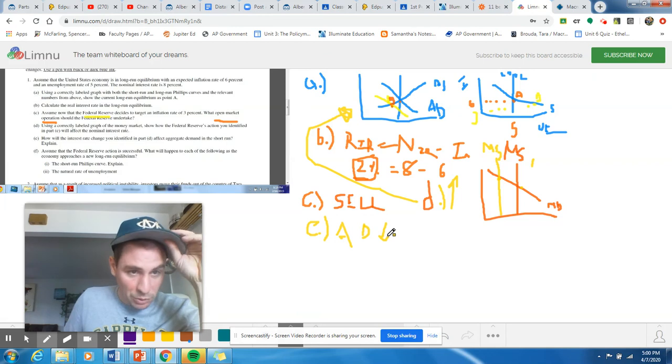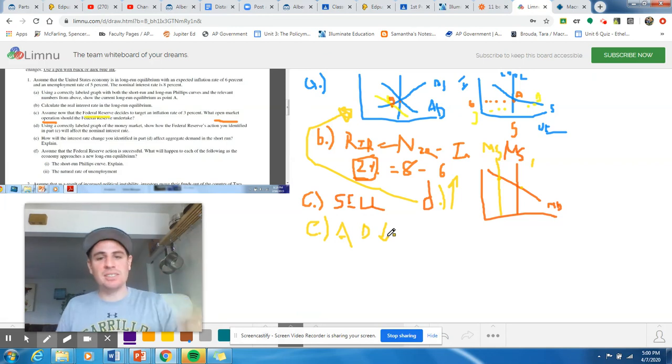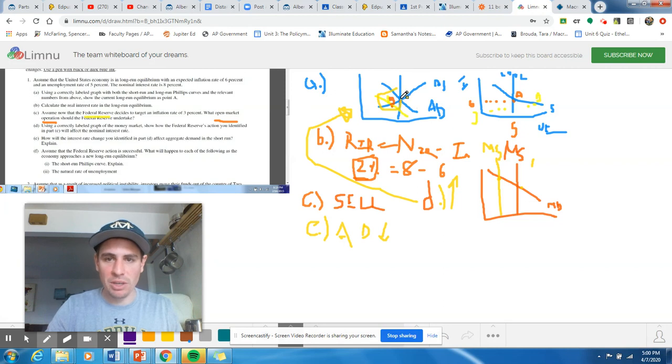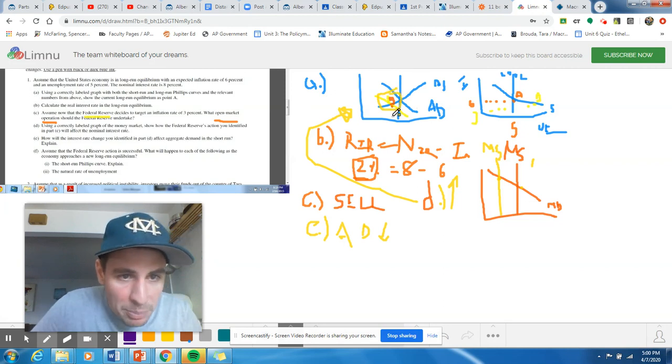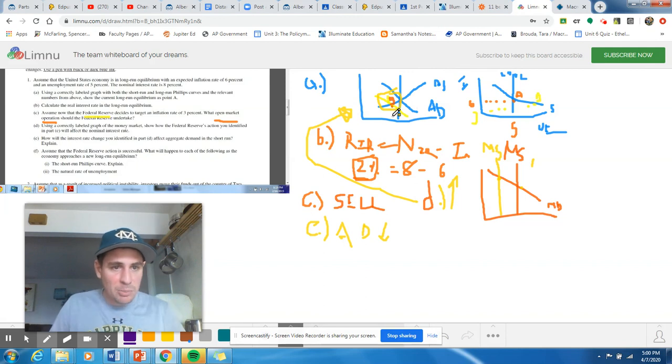F, assume that the Federal Reserve action is successful. That's just fancy terms for we're currently operating here in our economy, drawing above. We're in a recessionary gap. What will happen to each of the following as the economy approaches a new long-run equilibrium? Well, what's going to happen to the short-run Phillips curve? Again, I struggle with the short-run Phillips curve, but I'm really good at the aggregate demand, aggregate supply curve.